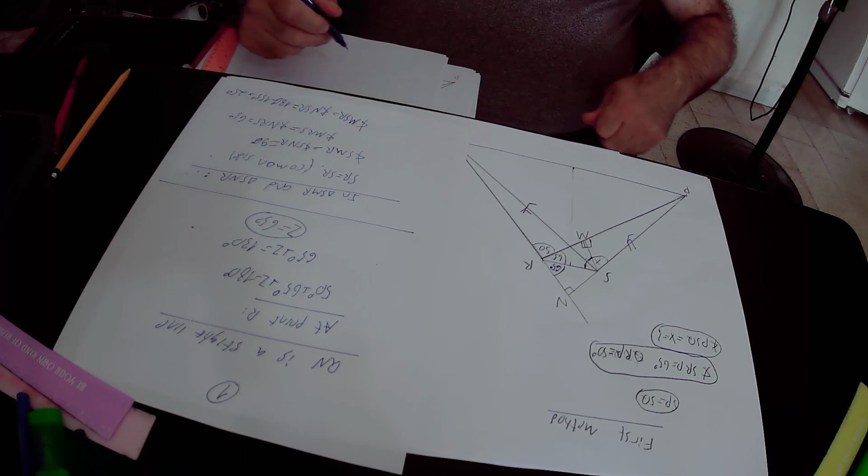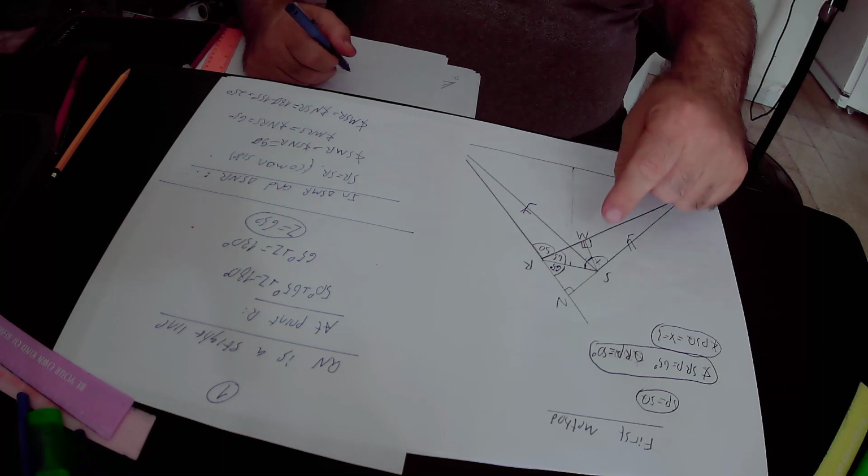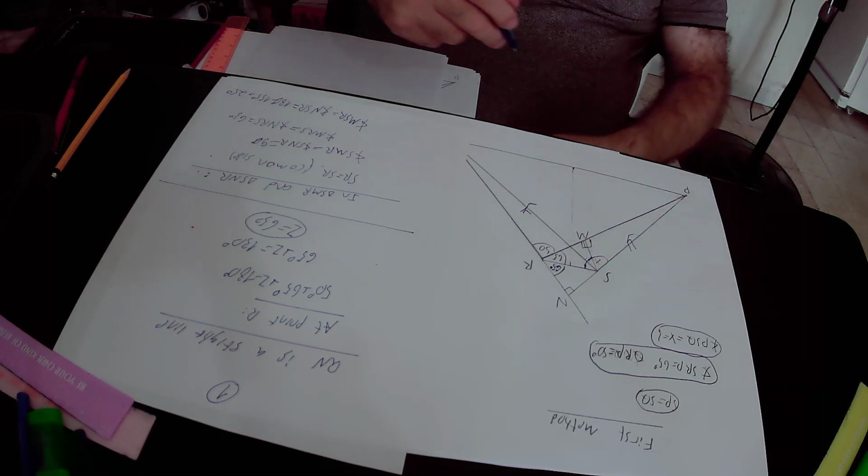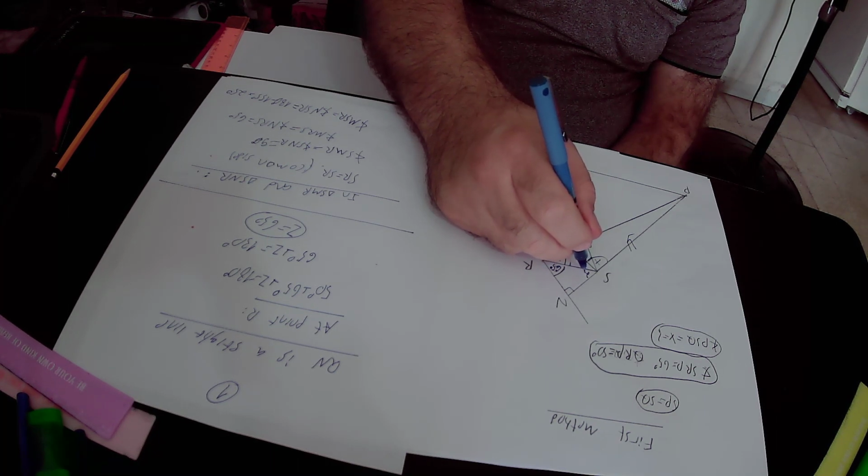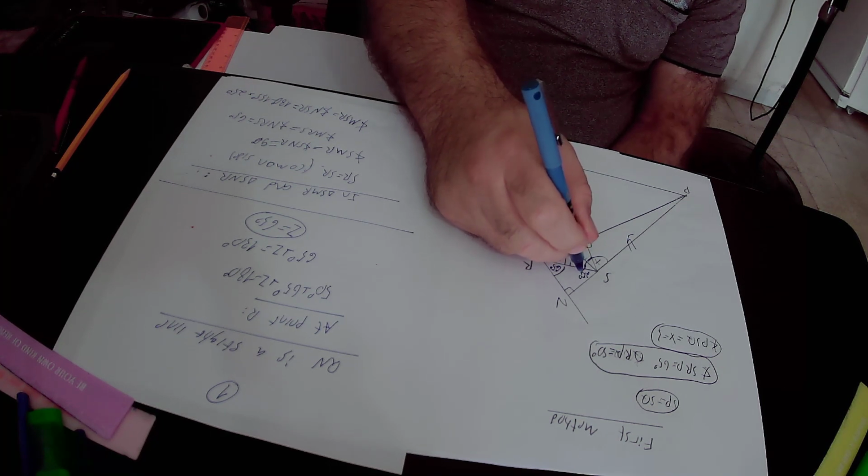So we found out that the size of those two angles are equal, each one equal to 25 degrees, and they are equal to each other, of course.